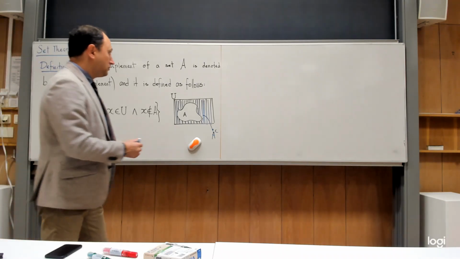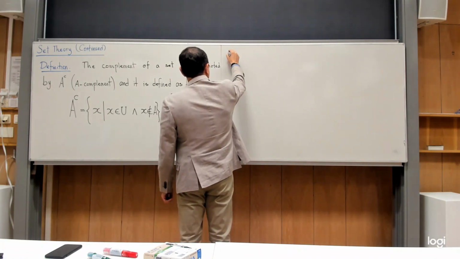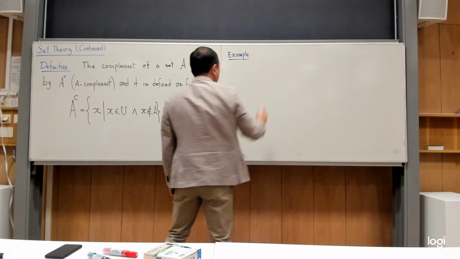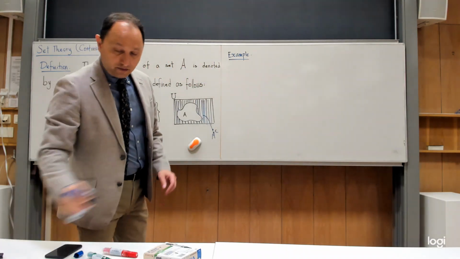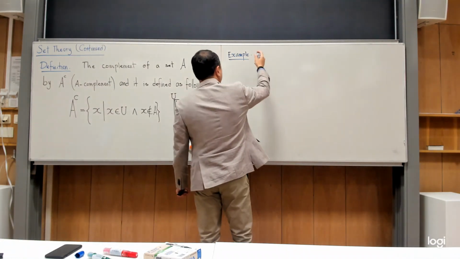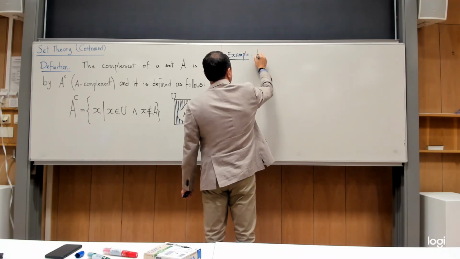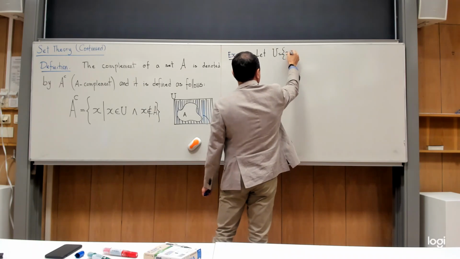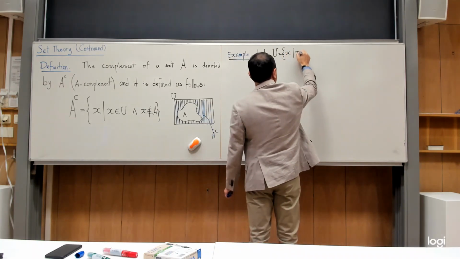So that's the definition of the complement of a set. So let me just give you a very simple example. So here I am telling you what U is. Let U be the set of all numbers such that they are natural numbers.